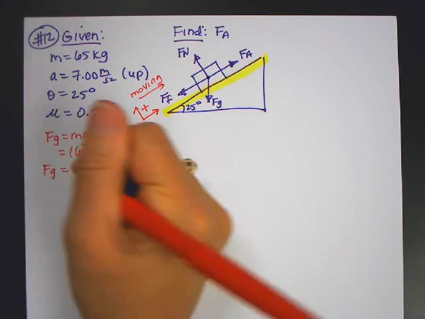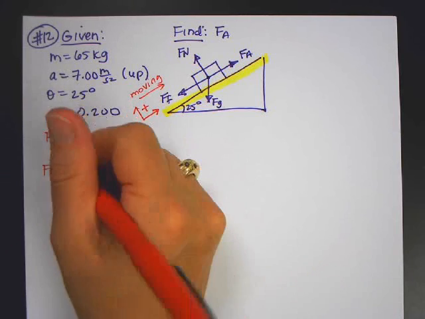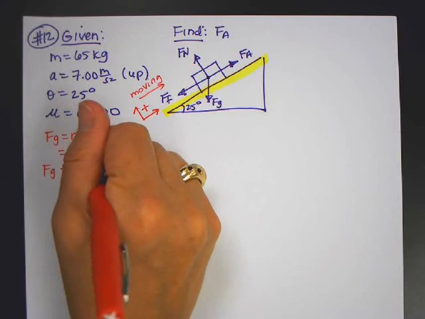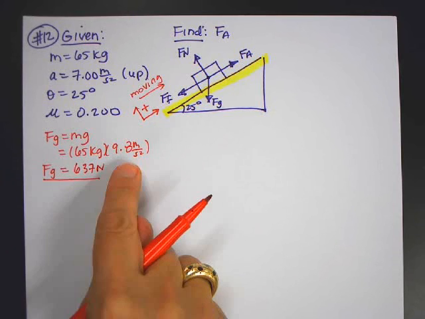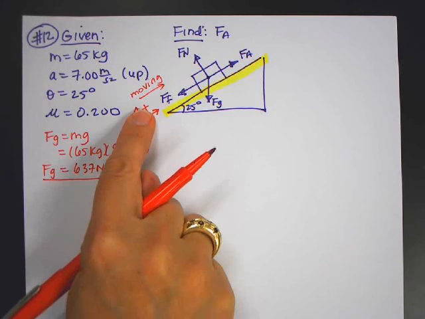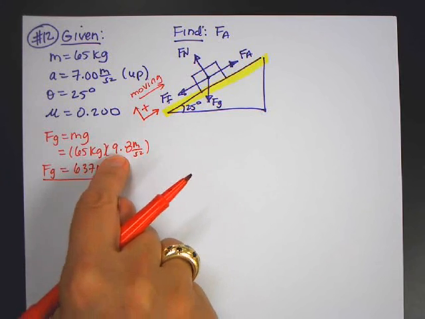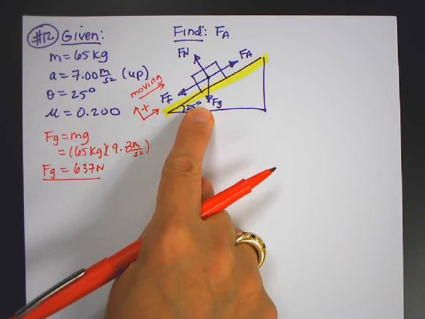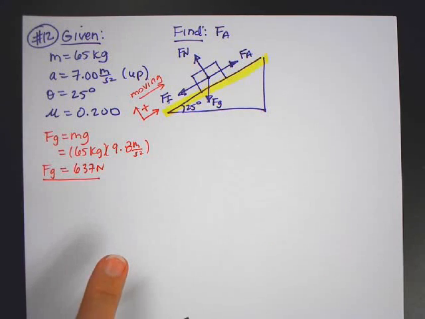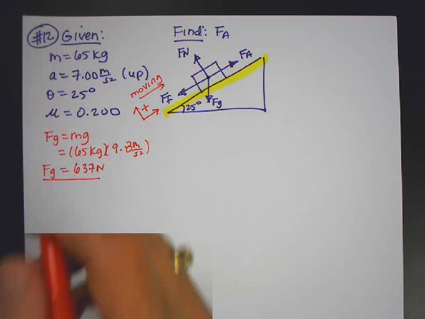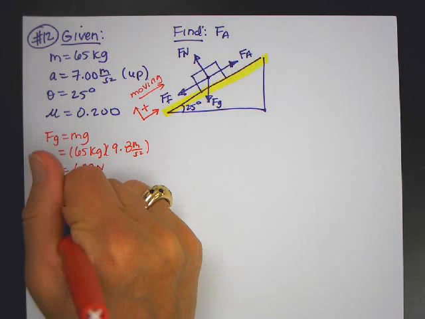So F of G is equal to 637 newtons. Now remember, I don't have to put negative 9.8 in here because I'm showing, according to my sign convention, that down is negative. I've already shown it here with my arrow. And then when I sum the forces, remember I make things that are down negative and things that are up positive. So now I would draw this to the side.